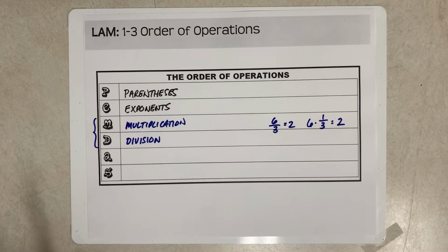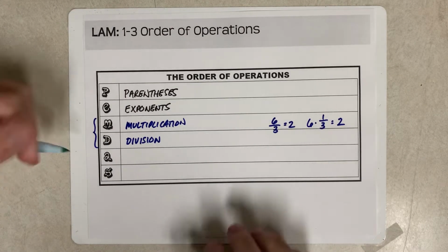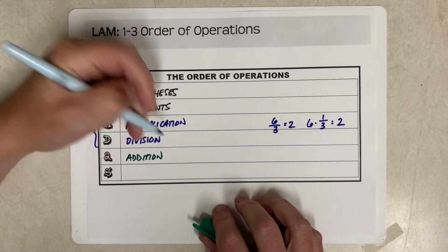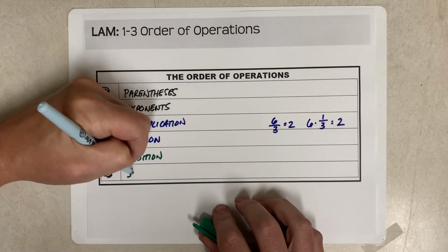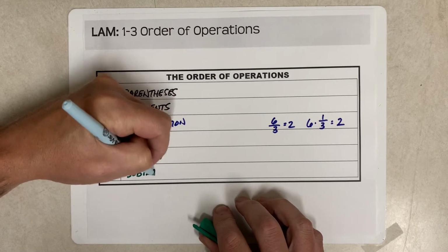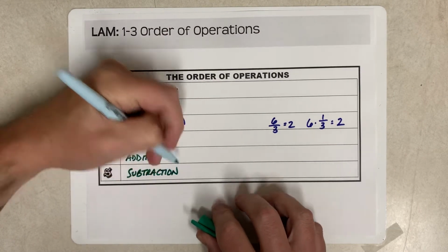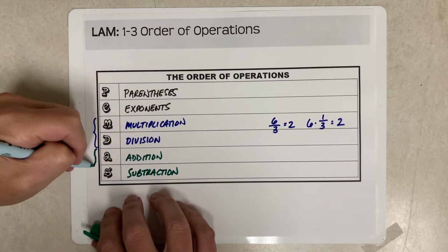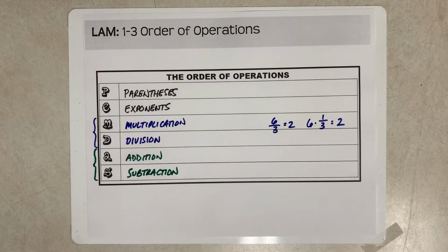And then you come to the last two, and that's going to be A is addition, and S is subtraction. And for this one, you're going to do these left to right as you get to them. And that's the last thing you do.